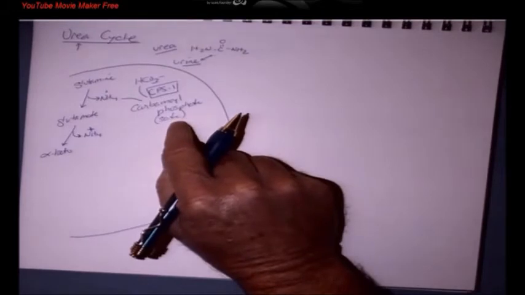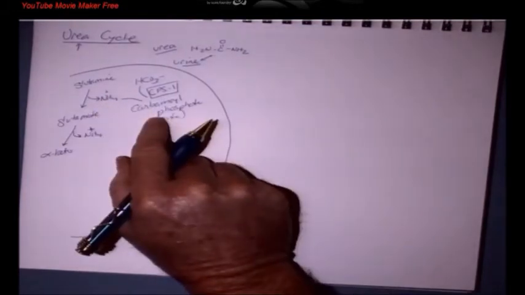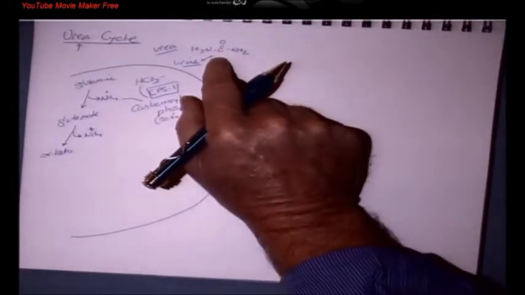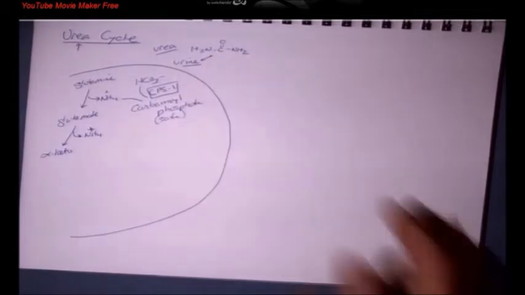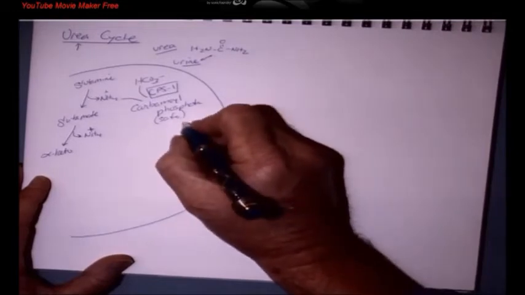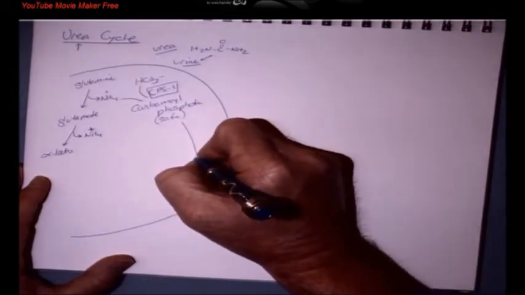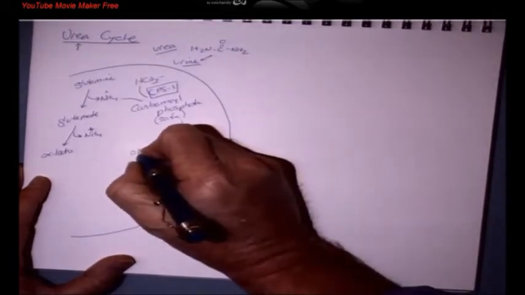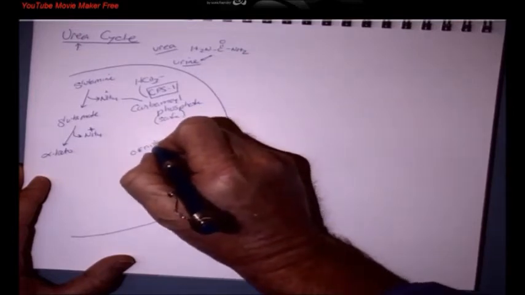So now how do we go from carbamoyl phosphate with this one nitrogen on it to this structure? This is the urea cycle. So what are we going to do? We're going to take this molecule and we are going to add ornithine.